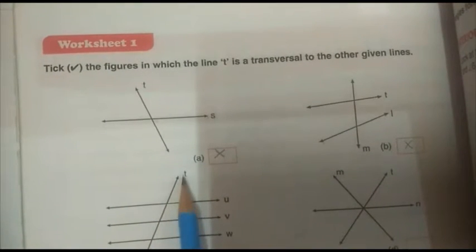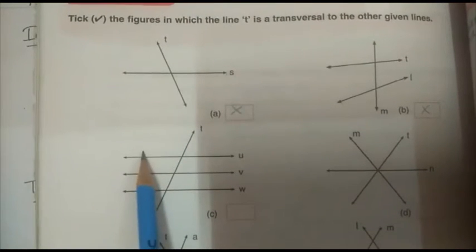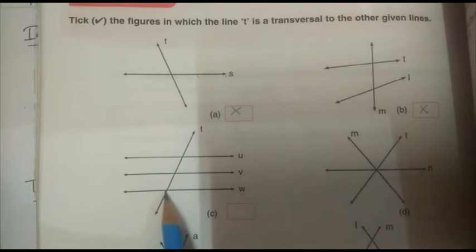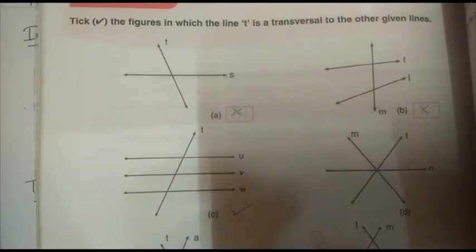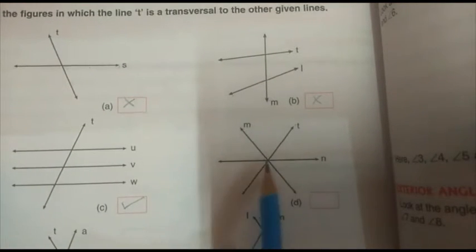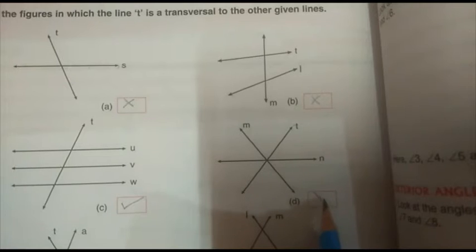Next, here T line is intersecting line U, V and W at three different points. So here line T is transversal. Next, T line intersecting lines N and M at the same point. These lines are known as concurrent line. So here T is not a transversal.